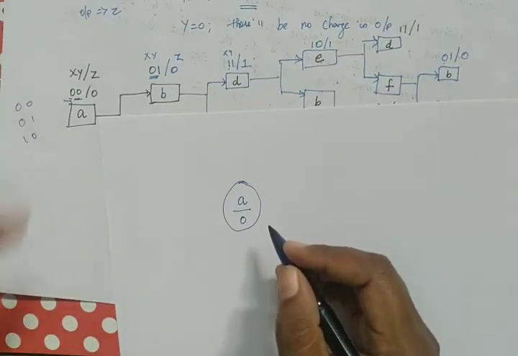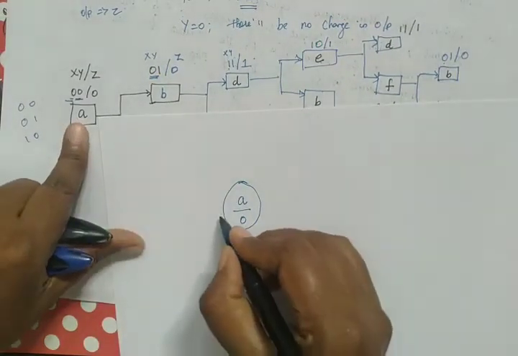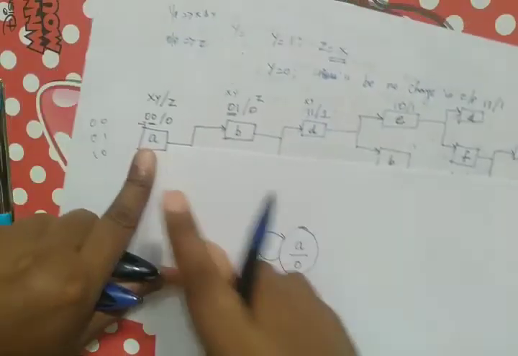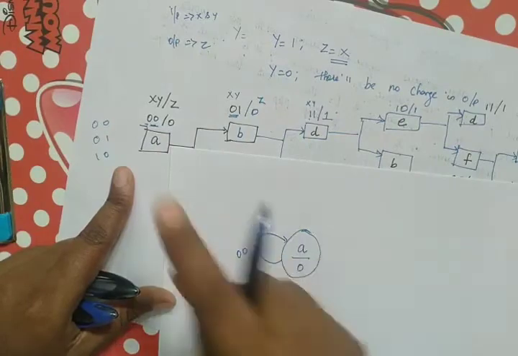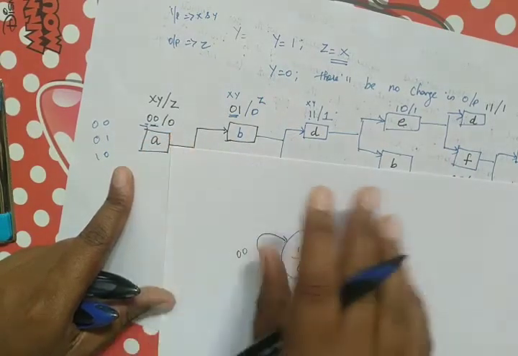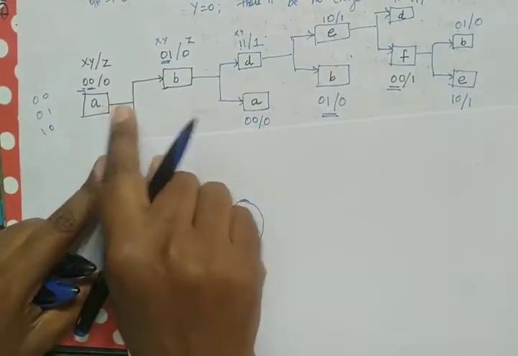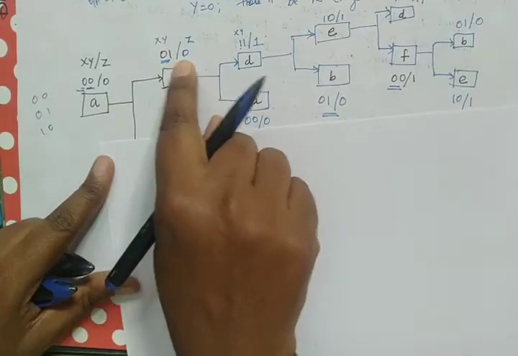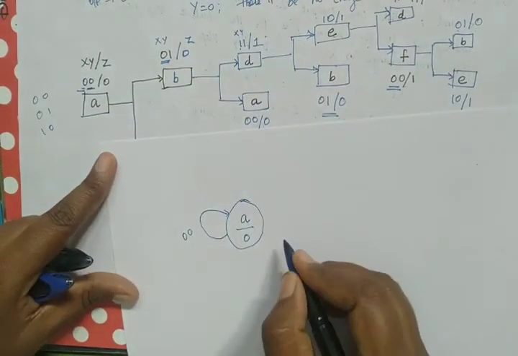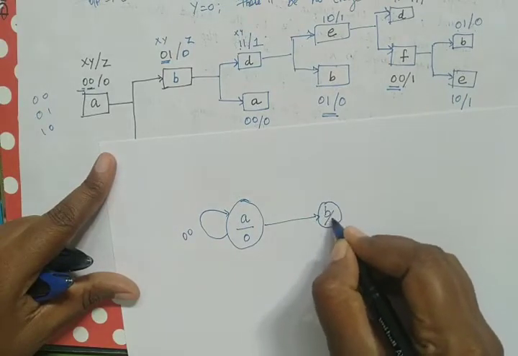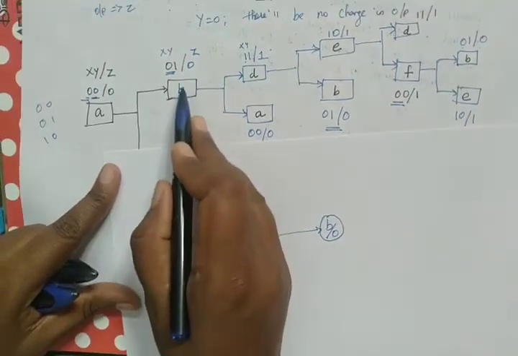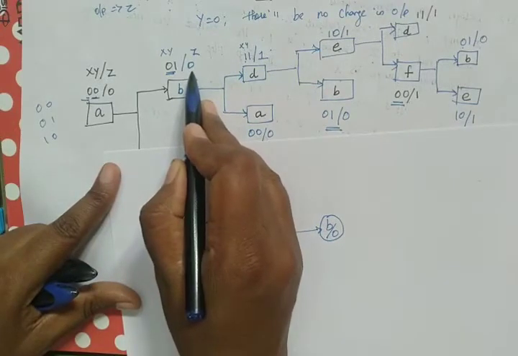A remains in the same state when the input is 0 0, and the output is 0. Then A will go to B when the input is 0 1 and the output is 0. This is B and Z is the output, so it is 0.